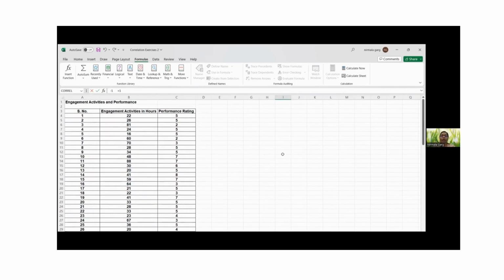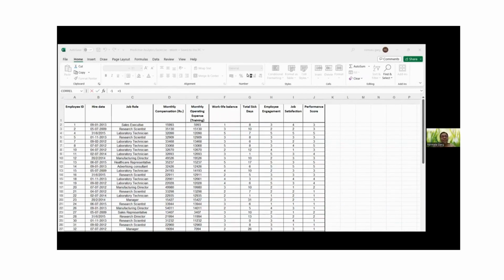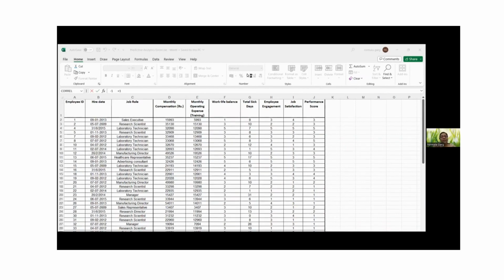That's very, very important. Now let us look at another data set; let me show you. Now this is a data set. It has labels like compensation, expenses, work-life balance, total leave days, employee engagement, and performance score.